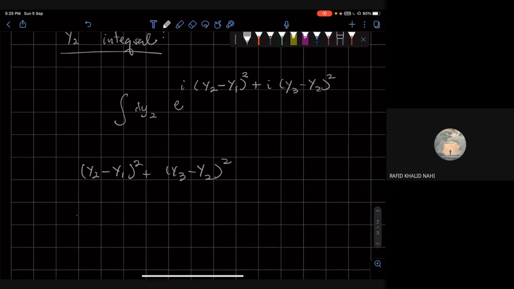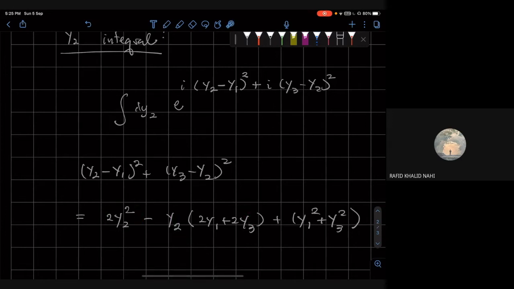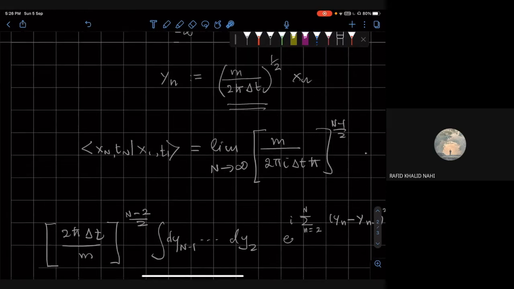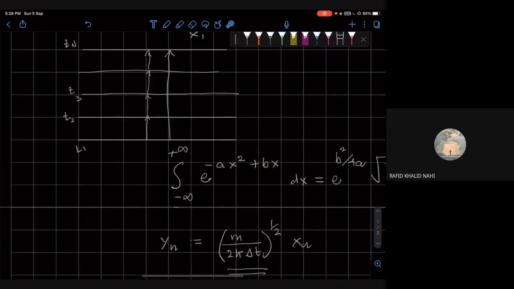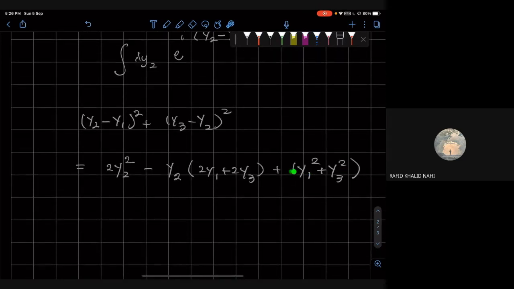And then we expand this, and it turns out to be 2y2 squared minus y2 times (2y1 plus 2y3) plus y1 squared plus y3 squared. So what I'm doing here is writing it in the form where this is y squared, this is linear in y, and this has no y in it, so that I can use this formula, right? The term that doesn't have y in it just goes on for the ride for free.